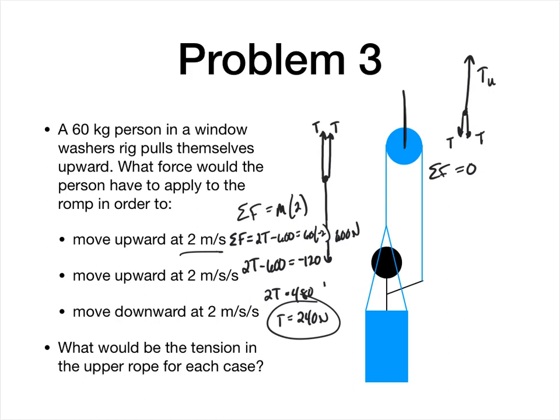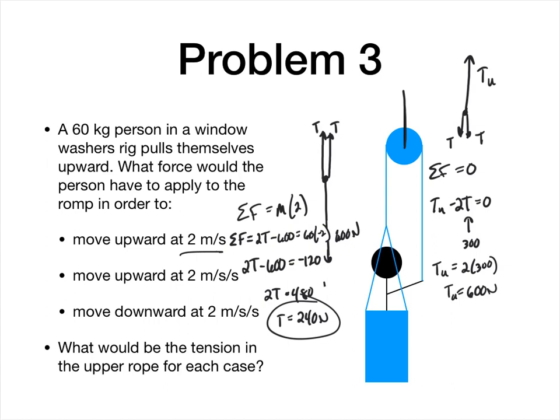So in the first case, it's TU minus 2T equals 0. And in the first case, T was 300. So TU equals 2 times 300. And lo and behold, the upper rope holds all 600 newtons of the bucket.